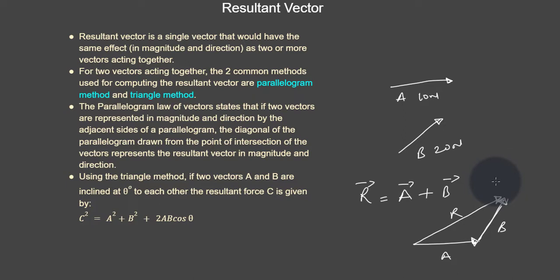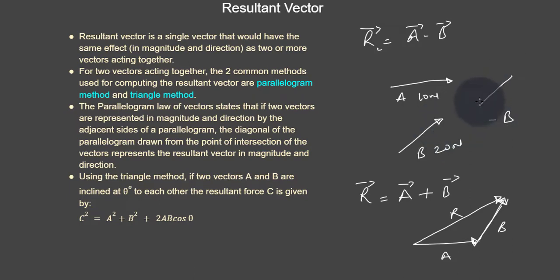But what if I want to subtract? So let's say I want to take vector A minus vector B. How do I go about it? Well, when dealing with a negative number, you change the direction. So if I have vector B to be this, then vector of minus B will have the same magnitude as this, but the direction will change.